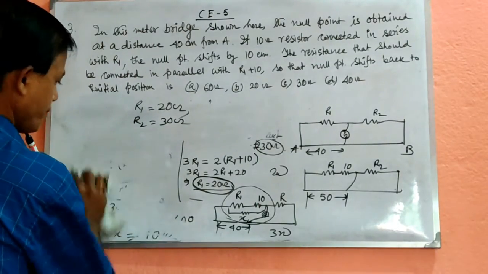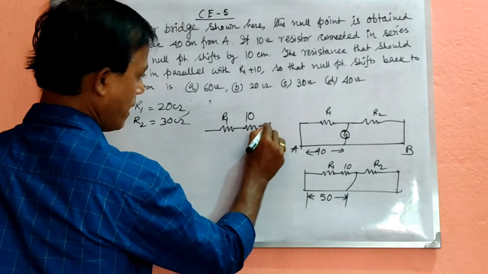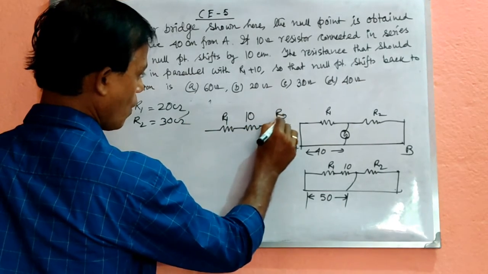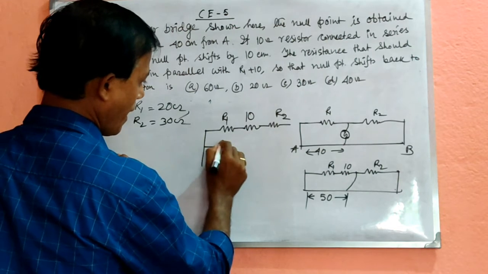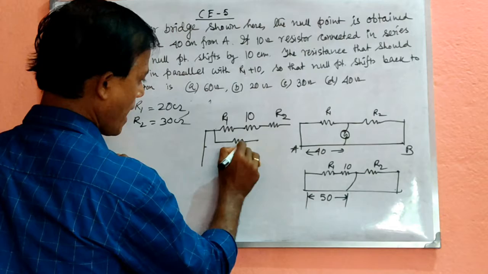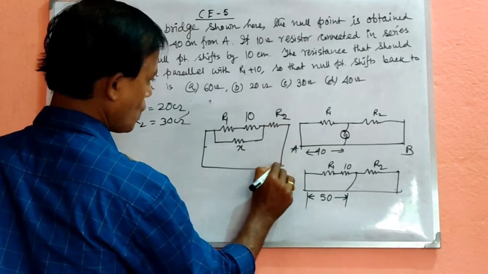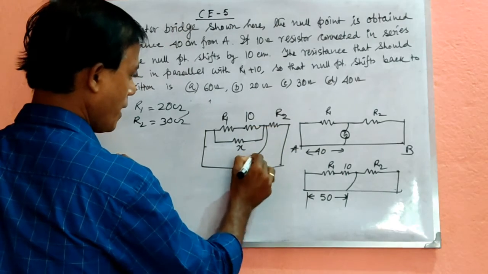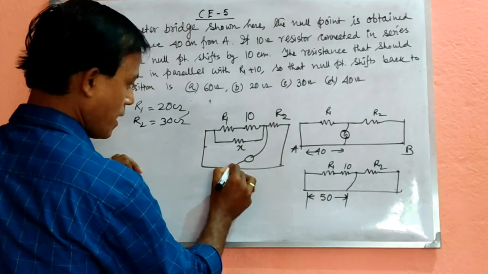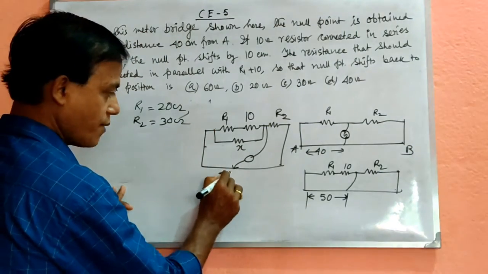Here R1 plus 10, that is R2, and here the parallel resistance X is connected, and here the galvanometer is connected, and the null point shifts to its initial position, which means 40.